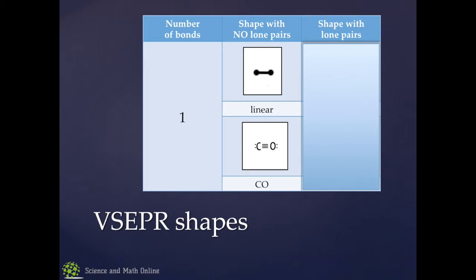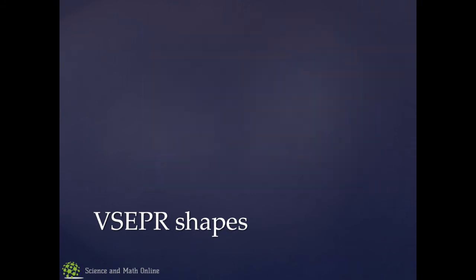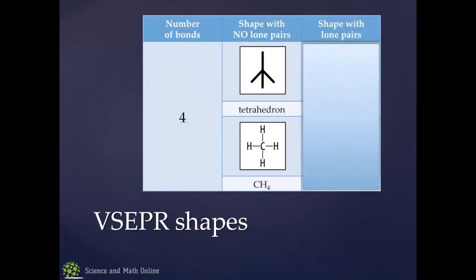Okay? So just running through these again real quick. I'm going to go back and get to the beginning. So if you have 4 bonds, you have what we call a tetrahedron. Tetra meaning 4, hedron meaning, if I remember correctly, faces. So this shape has 4 faces on it. But it's a tripod or a pyramid with another bond coming out the top.